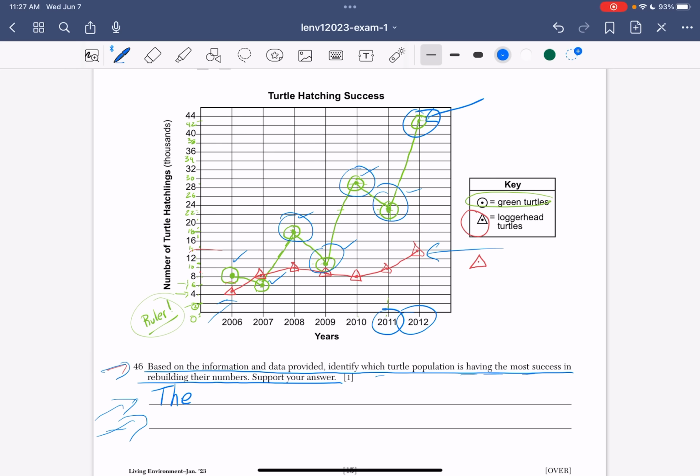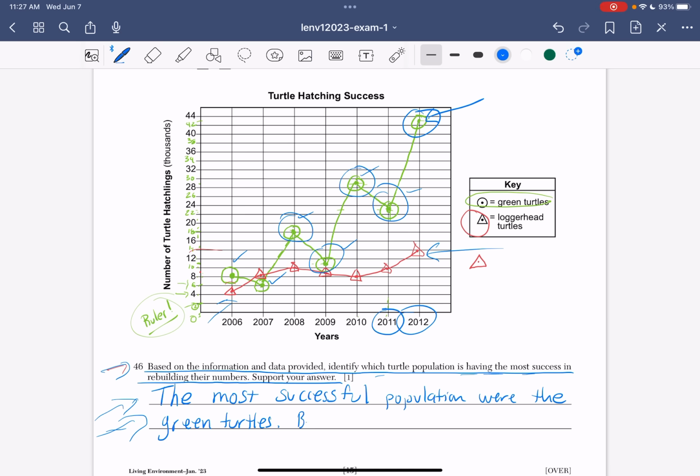Okay. The most successful population were the green turtles. And then you want to give the evidence here.